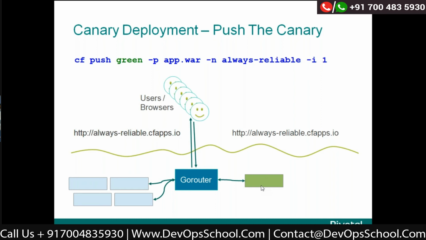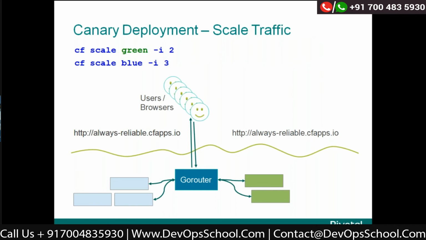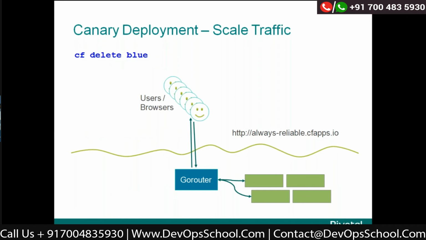It's like a canary. If the deployment or push is successful, we'll observe whether it is successful or not. If it is successful, what will I do? We'll scale up green instances to 2 and scale down blue to 3. Right? Slowly we scale up green instances, scale down blue, and finally delete blue.